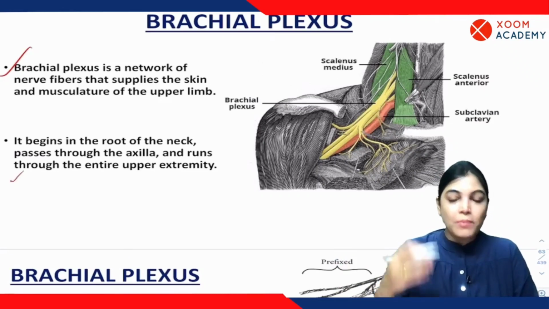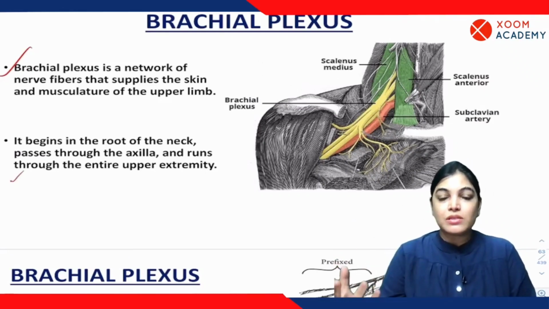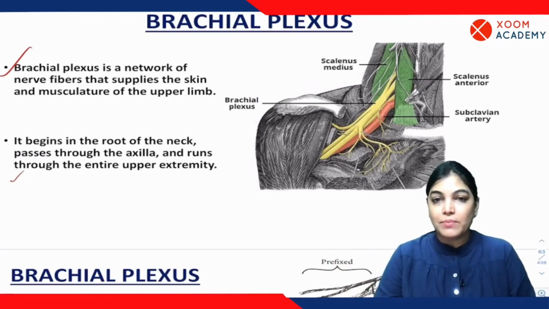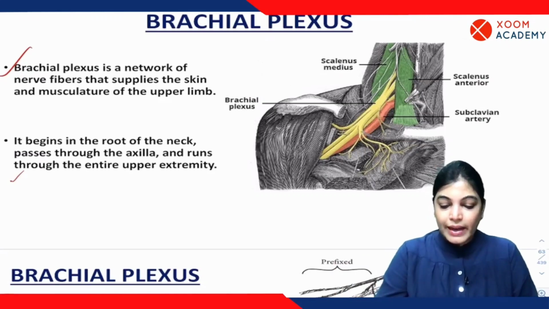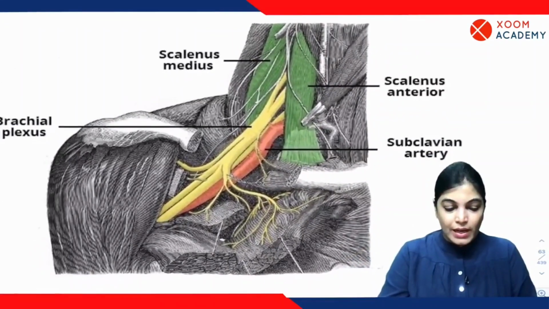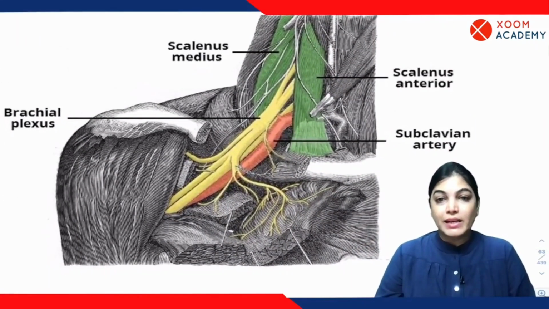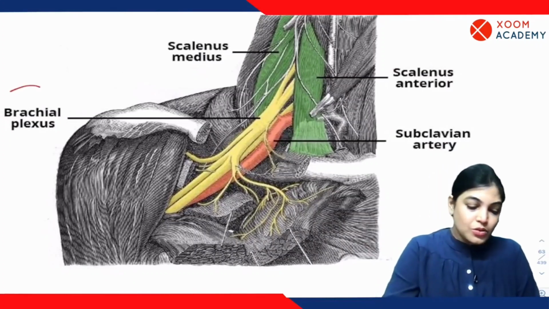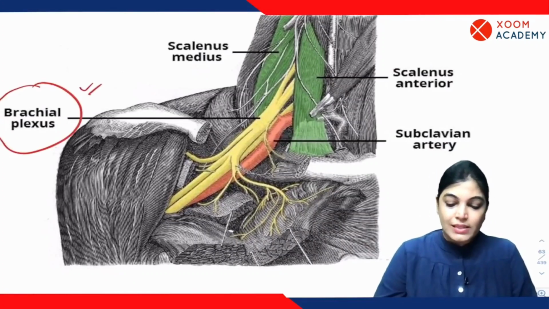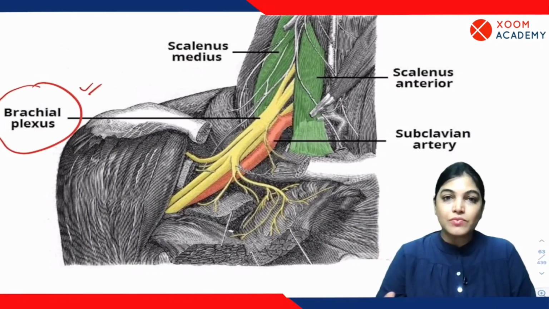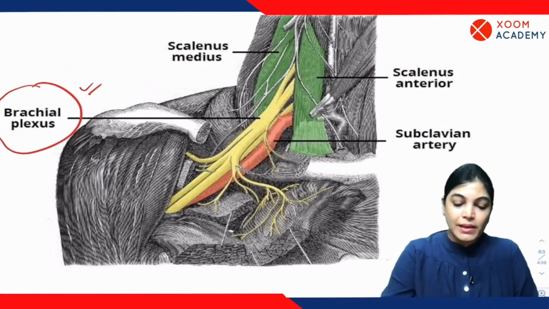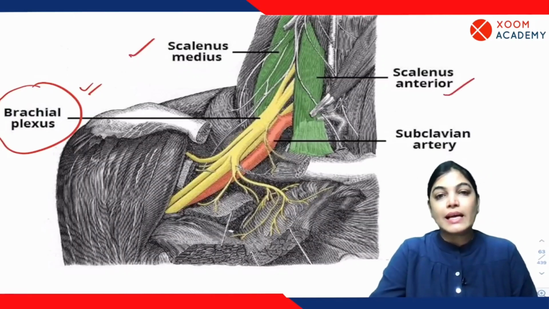It starts forming in the root of the neck, and thereafter it traverses through the axilla and runs through the entire upper extremity. Okay, so let me show you this image. I want to enlarge this image where you can see the brachial plexus. If I want to show you the trunks of the brachial plexus, you can see in this diagram that the trunks are traversing between the scalenus group of muscles.